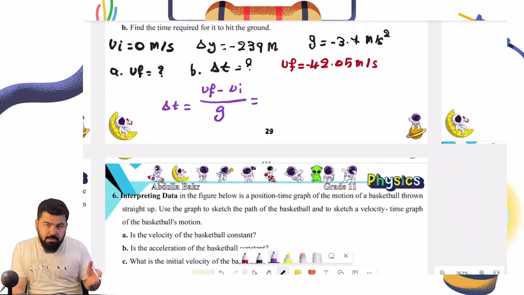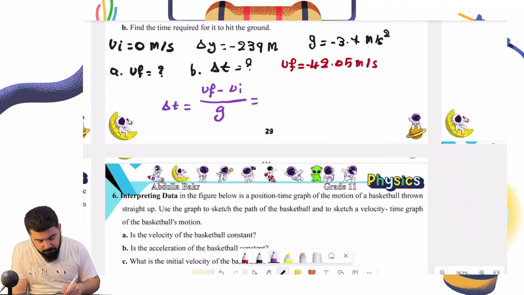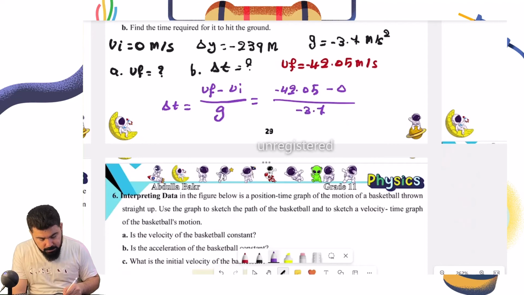Please just learn how to rearrange the equation so you can save time. So V final is negative 42.05, minus 0, which is V initial, divided by g, which is negative 3.7.